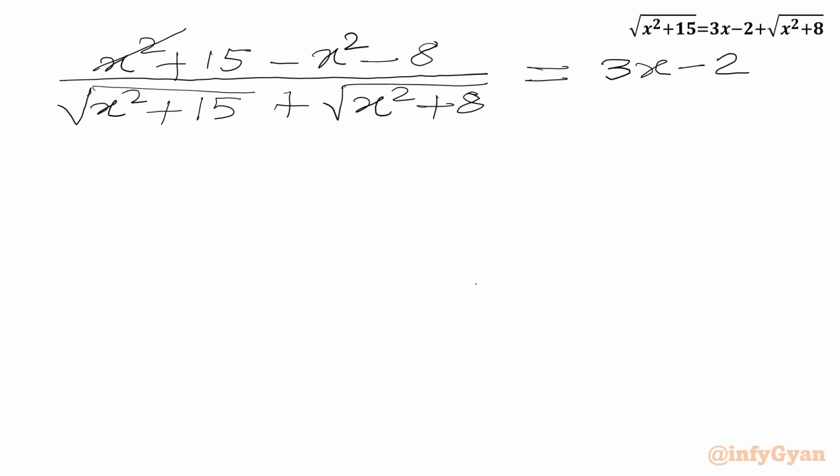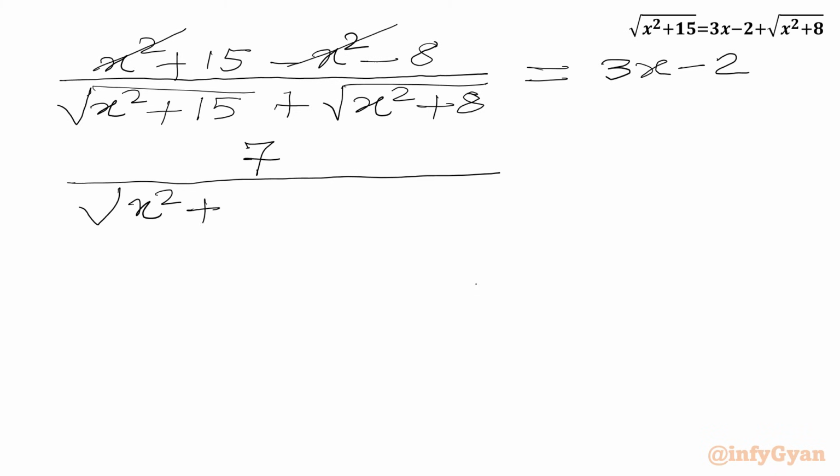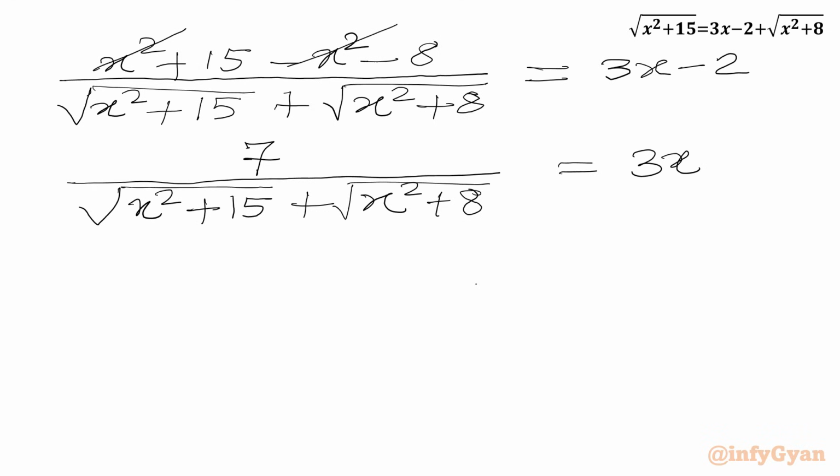So plus and minus x square will cancel out. We can write 7 in the numerator, and the denominator is square root of x square plus 15 plus square root of x square plus 8, and in the RHS we can write 3x minus 2.